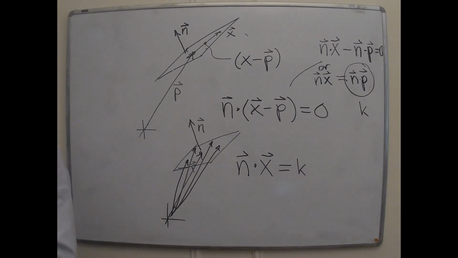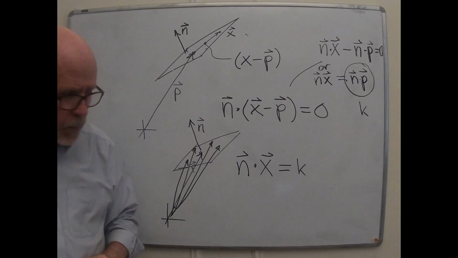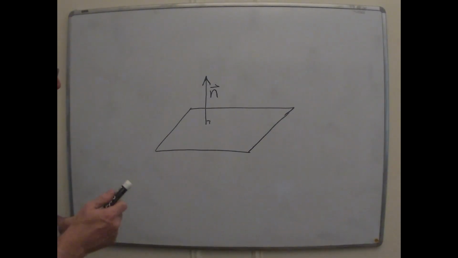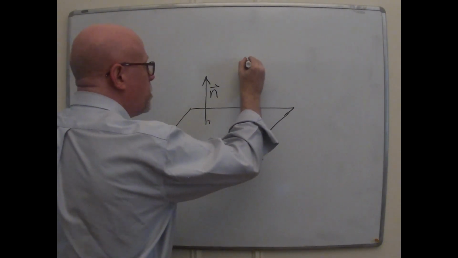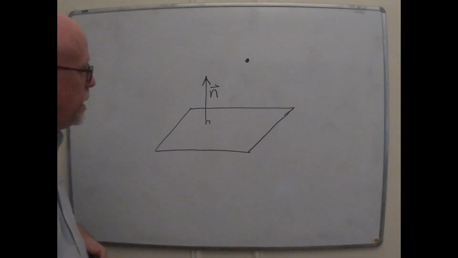All right, so now that we're there, let's try to figure out how we can calculate the distance from a point to a plane. We're going to think about a plane and a point not on the plane. For simplicity's sake, I've drawn the plane as if it was horizontal.